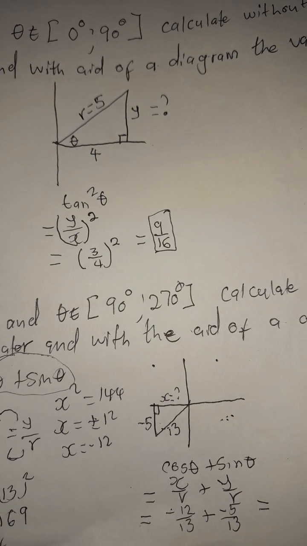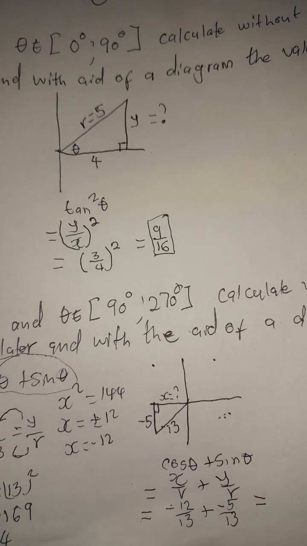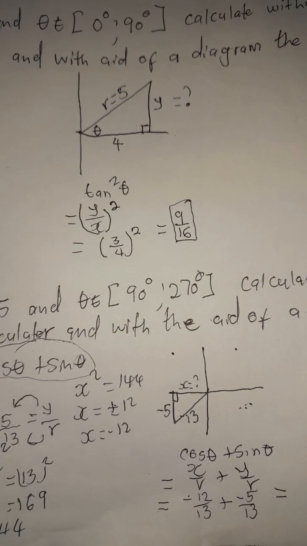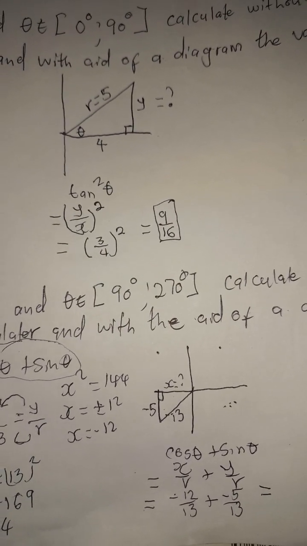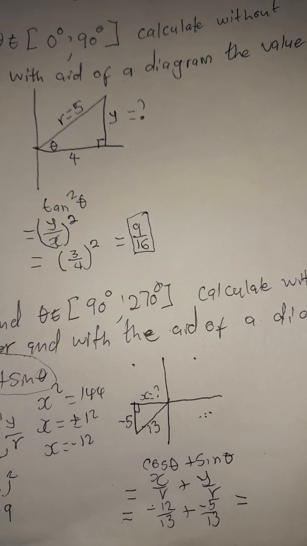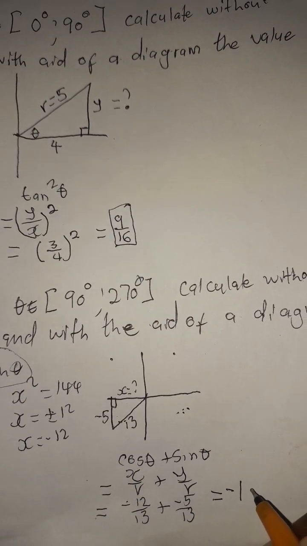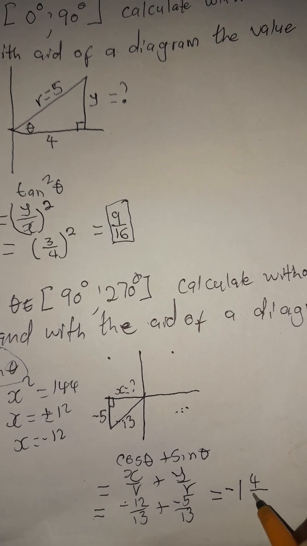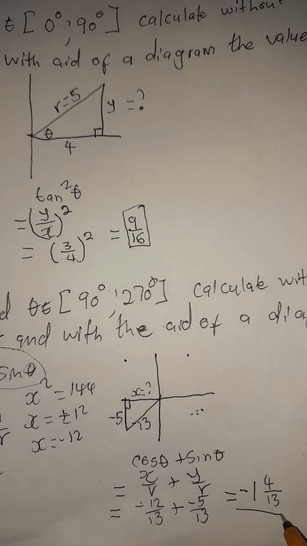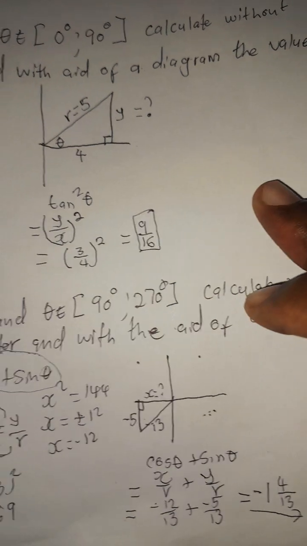Then let's punch our calculator. You can put brackets there. What we're getting from our calculator is -1 and 4 over 13. So this is your solution.